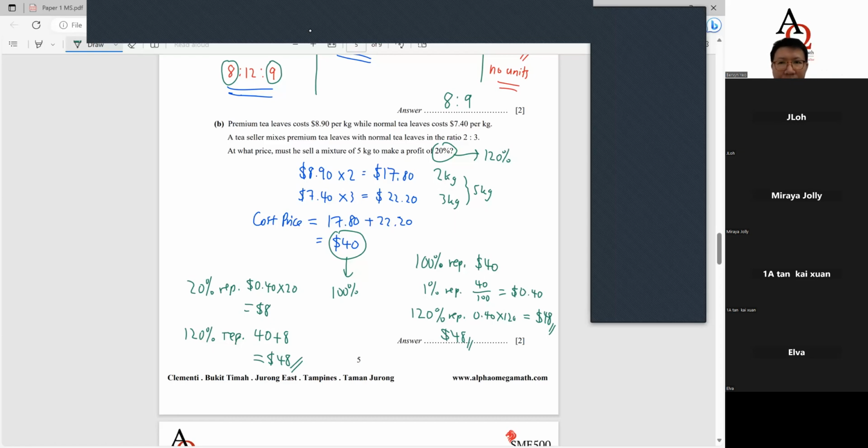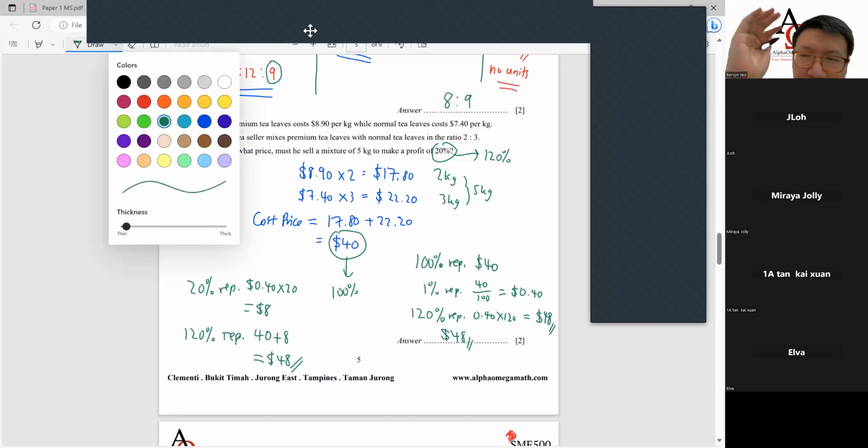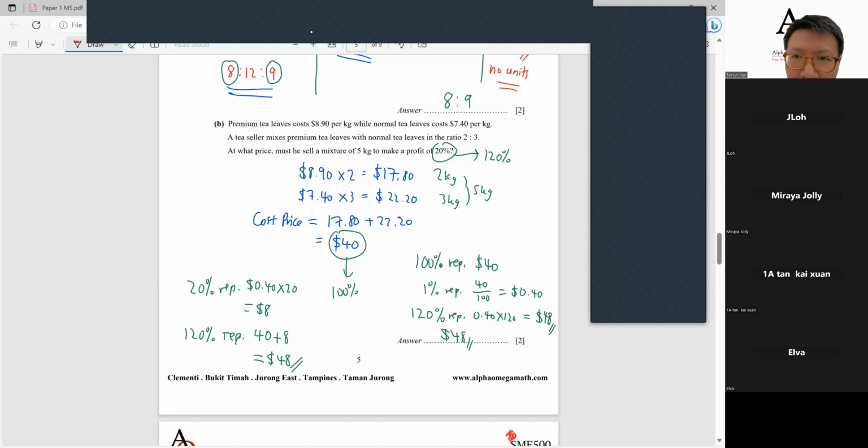Now, because you come from the workshop, I'll teach you the fastest method. The fastest method which I'll do in red. Profit of 20%, which you want 120%, is simply 1.2 times of the original. So to make it faster, you can use this $40 times 1.2, done. So I encourage you to explore this method and use this method.